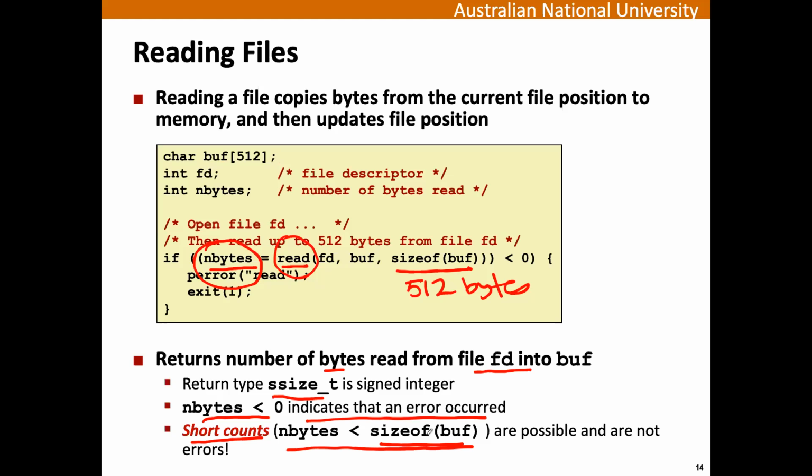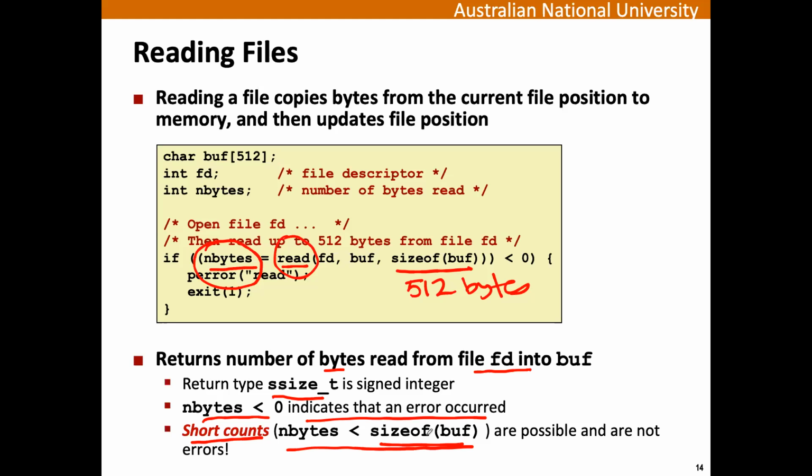Now, this is one example of a short count. They could happen due to other reasons. The read system call may be interrupted by a signal handler or something else. There are a number of things that may happen, and the read system call may be interrupted. The kernel does not reissue the read system call on behalf of the programmer, so it will just return a short count.